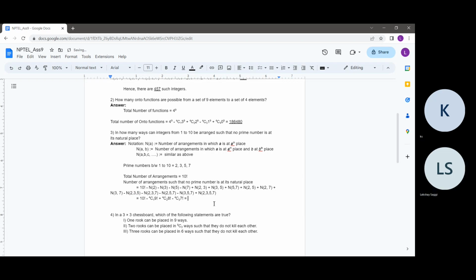And now, sorry, the last will be 4c4 times this number. 4c4 is 1 only, so there is only one number of this quartet type. And this is nothing but 2 at second place, 3 at third place, 5 at fifth, and 7 at seventh. So 4 numbers are fixed, and the remaining 6 numbers can move in 6 factorial ways.